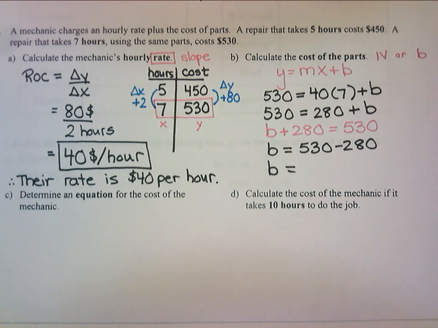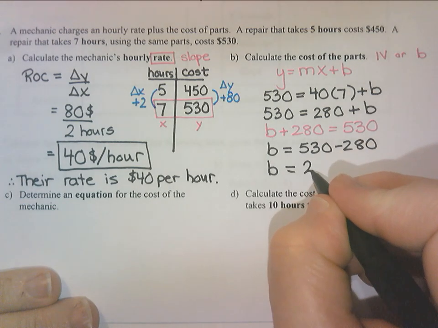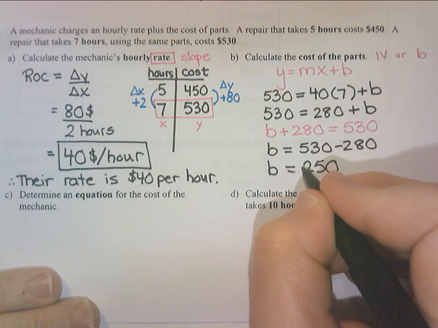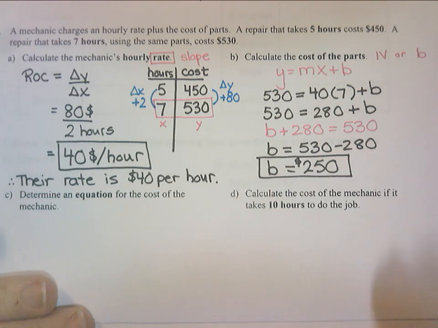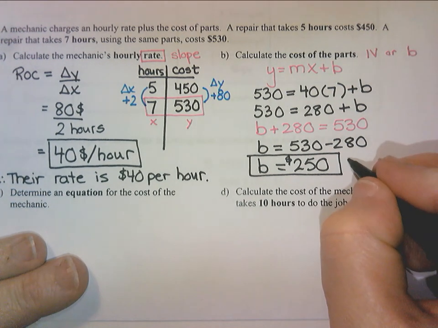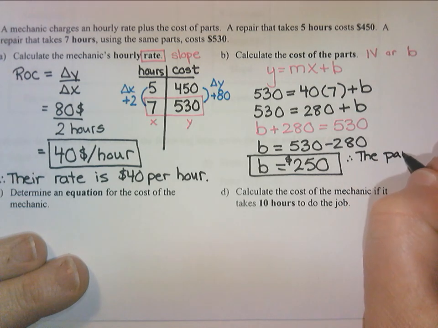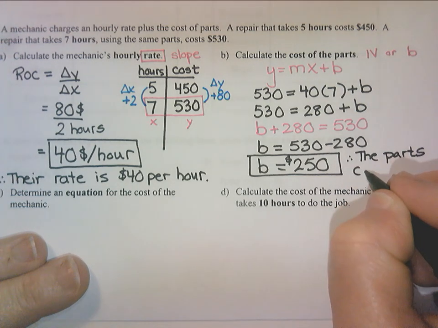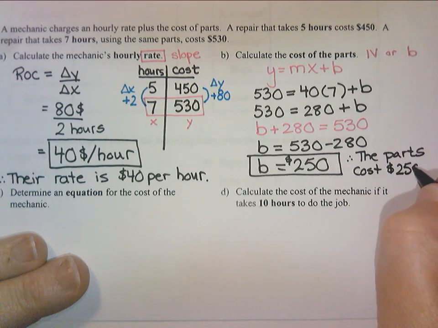So 530 take away 280 is 250. So the cost of the parts is $250. So I'm going to say the parts cost $250.